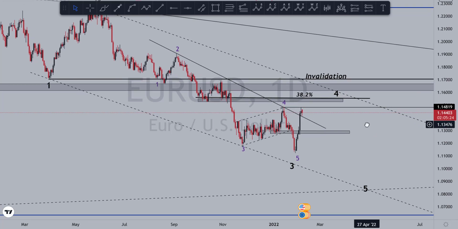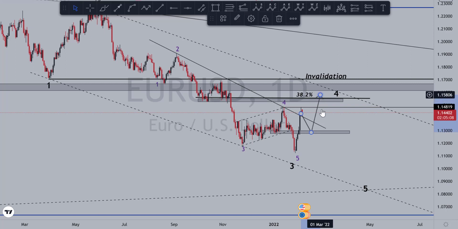So what can we expect here? I'm expecting, number one, to see EURUSD either going back to this area here before it can continue to the upside. That's the first scenario that I'm expecting there, to see EURUSD go back to this area here, which was previous support.